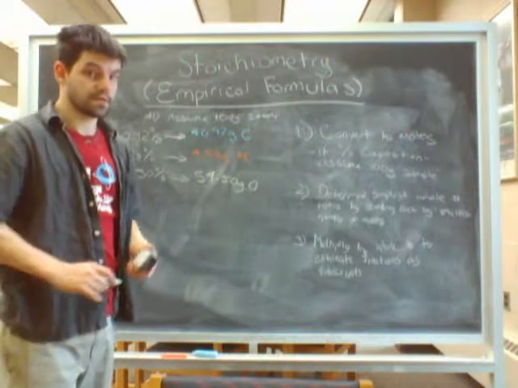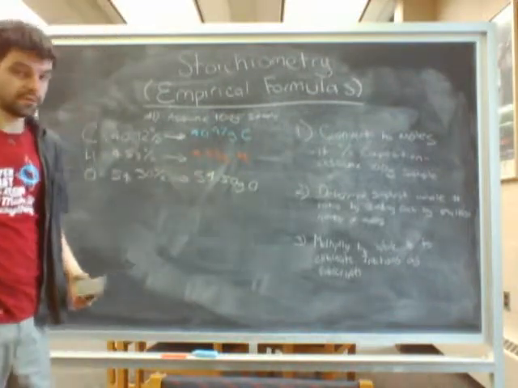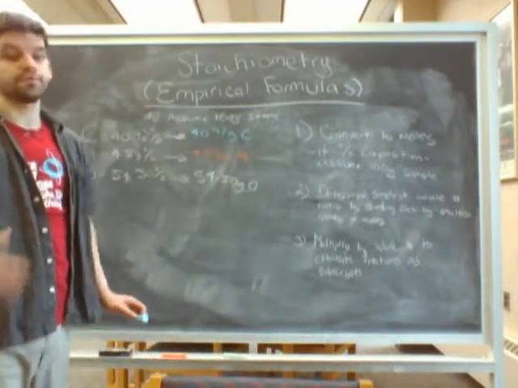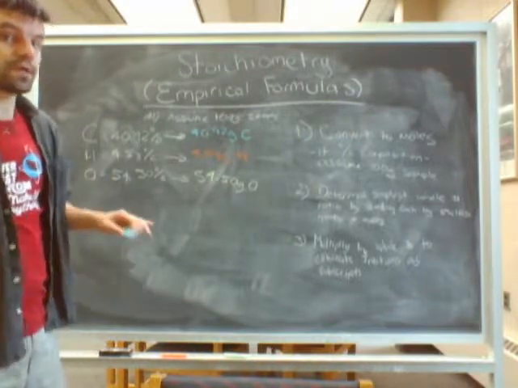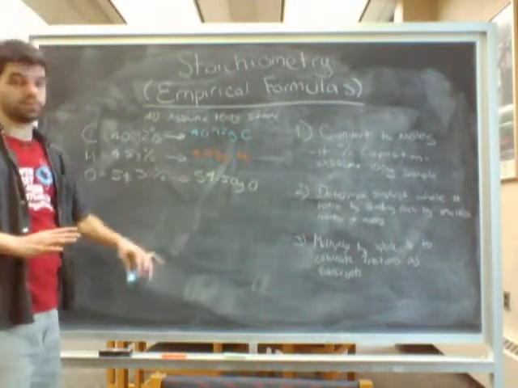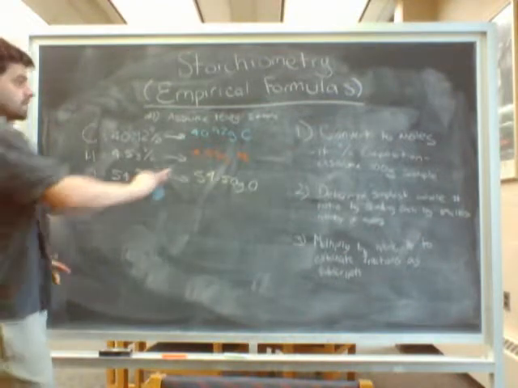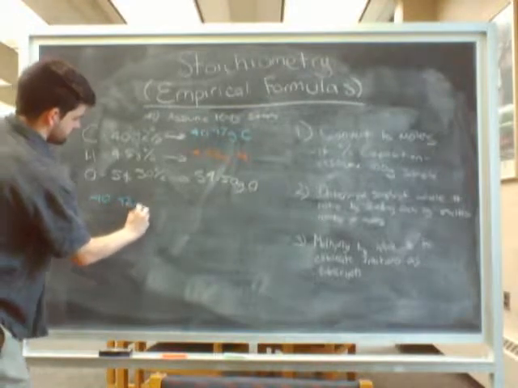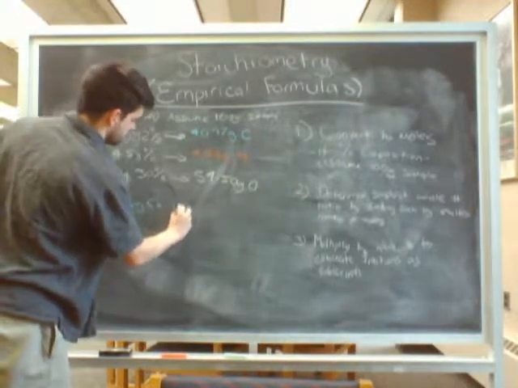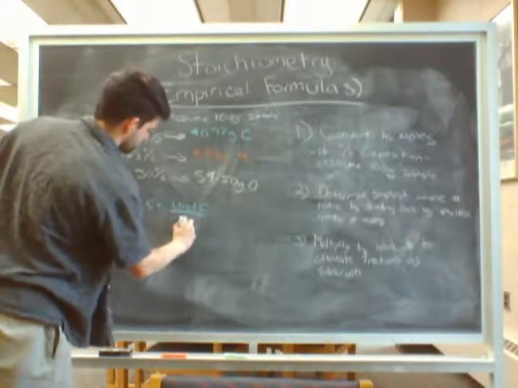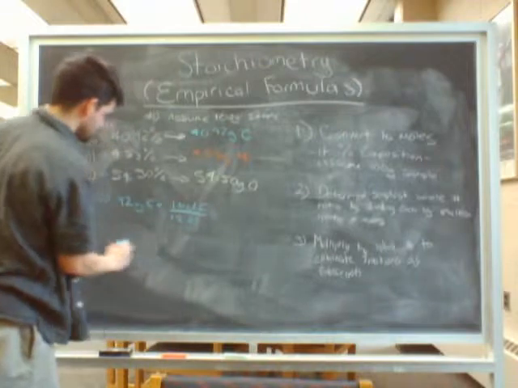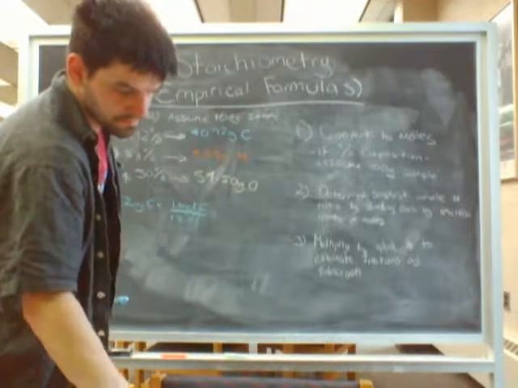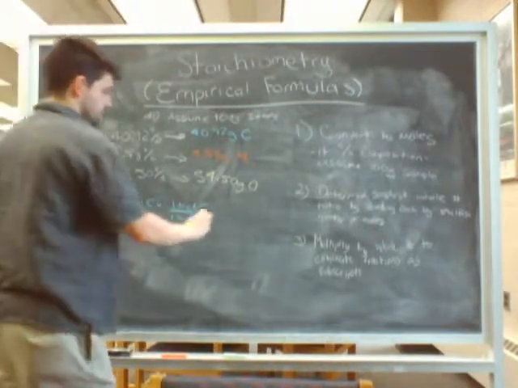Now what we're going to do is convert these values to the moles of each element. And again, guys, I cannot stress enough, please use your units. You're going to notice that it's going to be really helpful in the cleanup of all of these empirical formulas and stoichiometry problems. So 40.92 grams we're going to convert to moles, and that's going to give us 3.407.